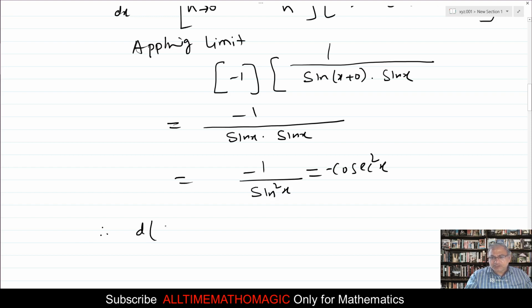Therefore, differentiation of cot x with respect to x equals minus cosec square x.